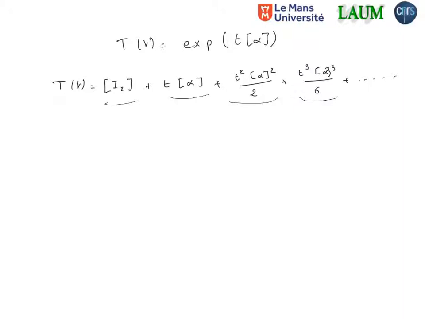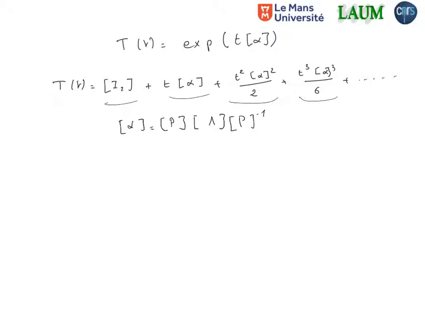I just make a summary of what we have seen during the lecture. One way to compute this expression is first to diagonalize the matrix alpha: alpha equal to P lambda P minus 1.